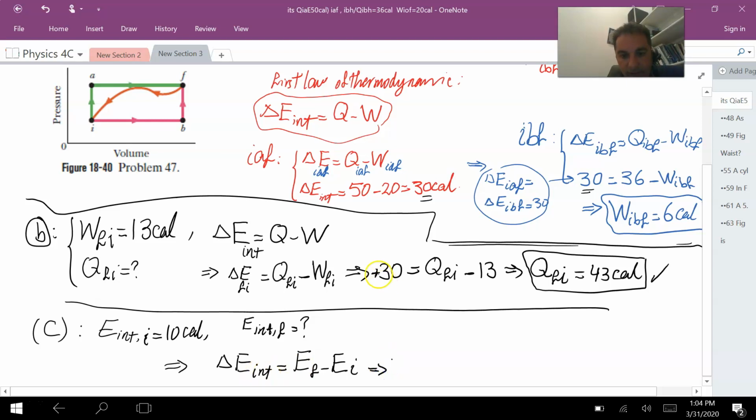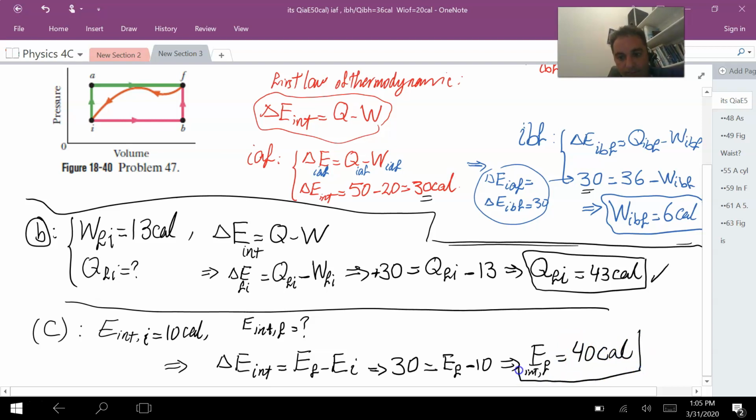Delta E internal is constant, it's 30, equal to EF minus 10. So my final internal energy will be 40 calories. Correct?